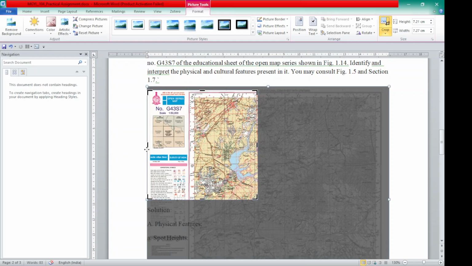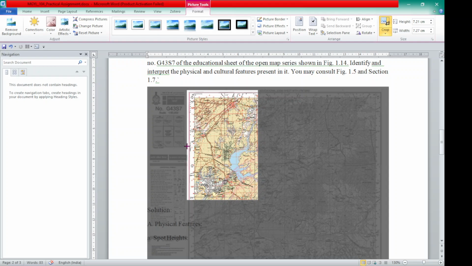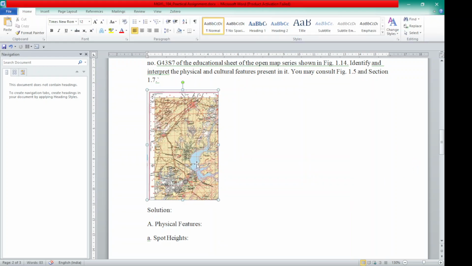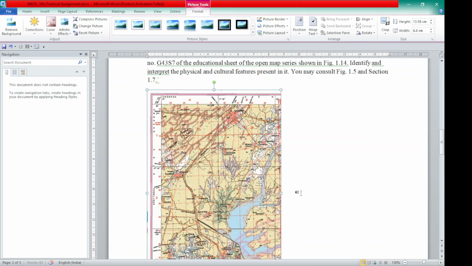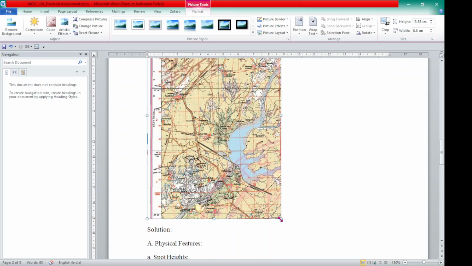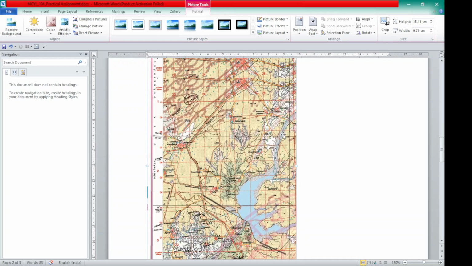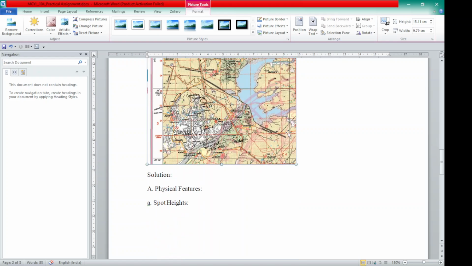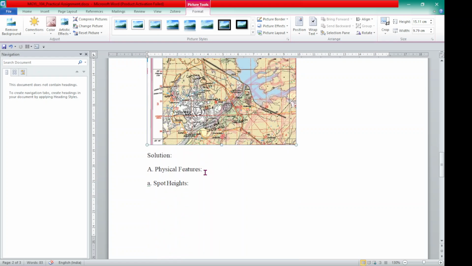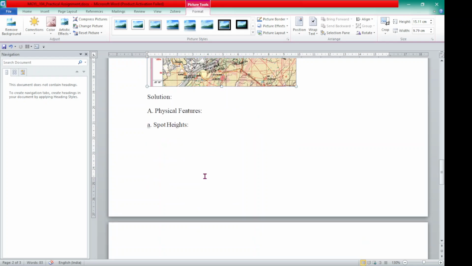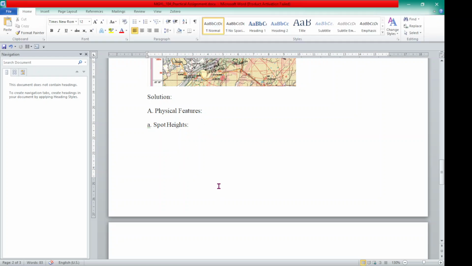Make sure that you are using the same extent. I could be using a slightly different one. There are many different features in here as well. Then we can list down the different physical features and cultural features. Moving on to the next exercise.